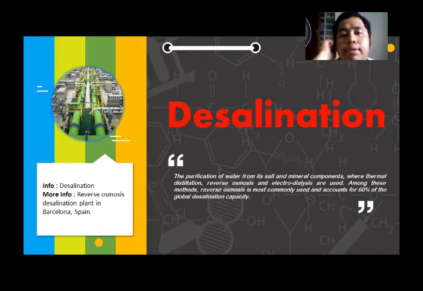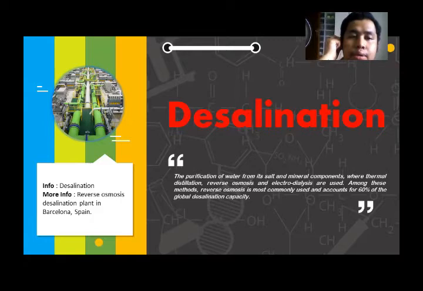Among these methods, reverse osmosis is most commonly used and accounts for 60% of the global desalination capacity. In that picture, we can see a desalination plant using the reverse osmosis process in Barcelona, Spain.